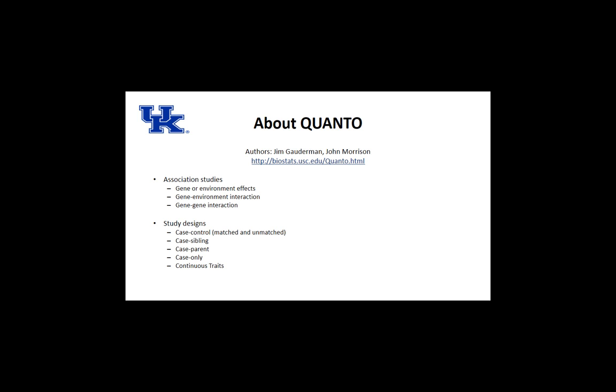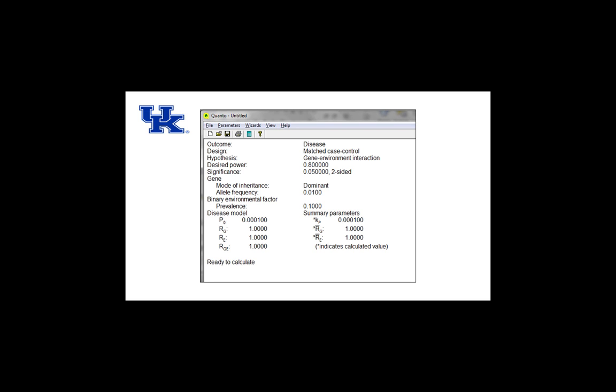Study designs include case-control studies, which, if you think of Alzheimer's disease versus not, can be matched or unmatched, where you might match on particular covariates of interest like age and gender; case-sibling, case-parent, case-only, and continuous trait. Today you did a continuous trait GWAS, and you can power this based on assumptions you're making about the outcome. So it looks something like this.